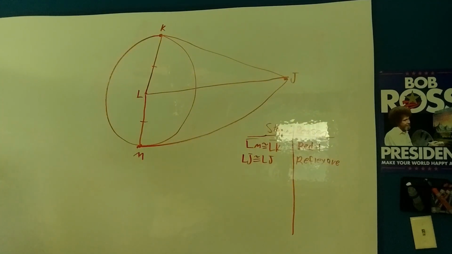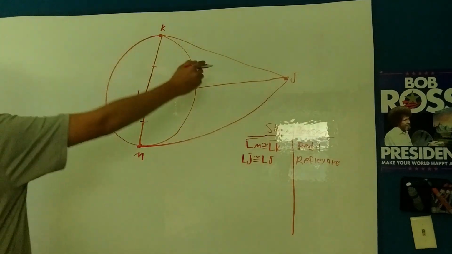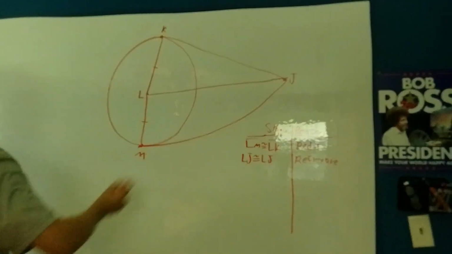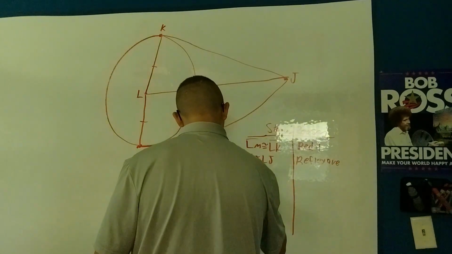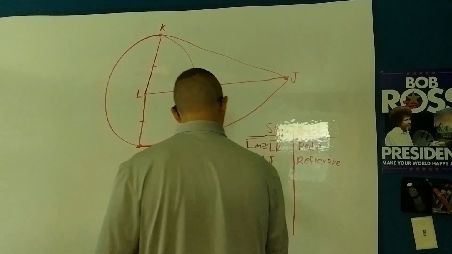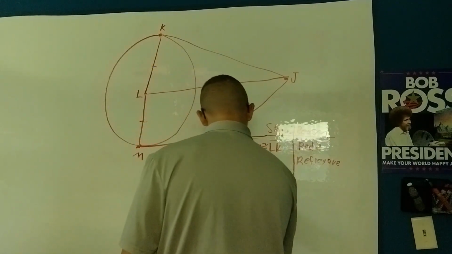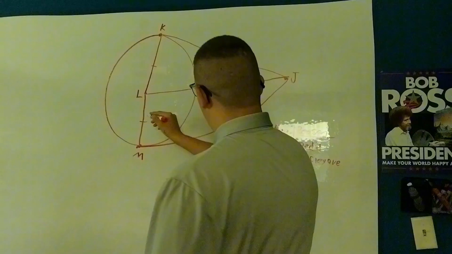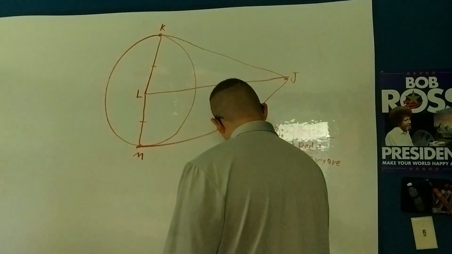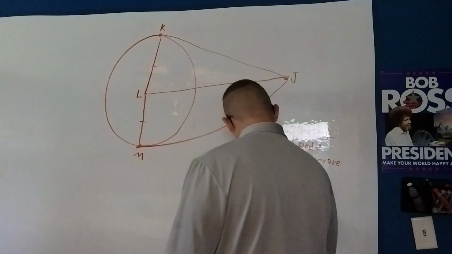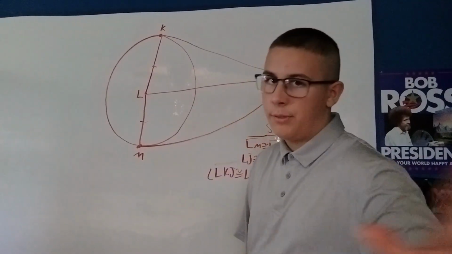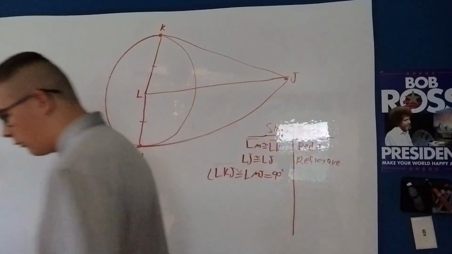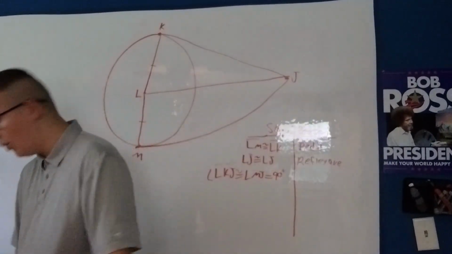We can also say that angle LKJ is congruent to angle LMJ, and that these both equal 90 degrees because of a theorem that I haven't taught you yet, and that's a whole other can of worms, and this video is already an hour long and I don't want to open it.